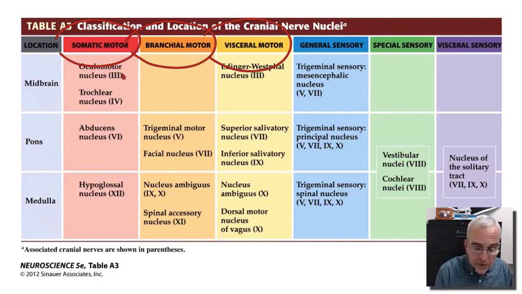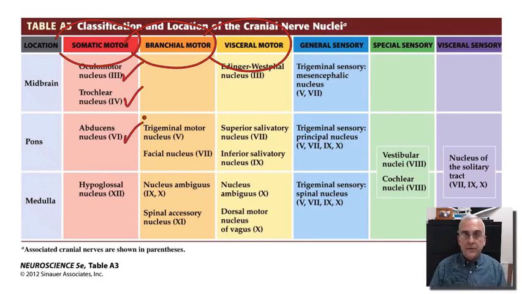Cranial nerves 3 and 4 are found in the midbrain. Cranial nerve 6 attaches to the junction of the pons and the medulla, but the nucleus that grew out those axons is found in the caudal pons. The axons that move the tongue are derived from the hypoglossal nucleus, which is found in the rostral part of the medulla. So we have the hypoglossal nucleus.